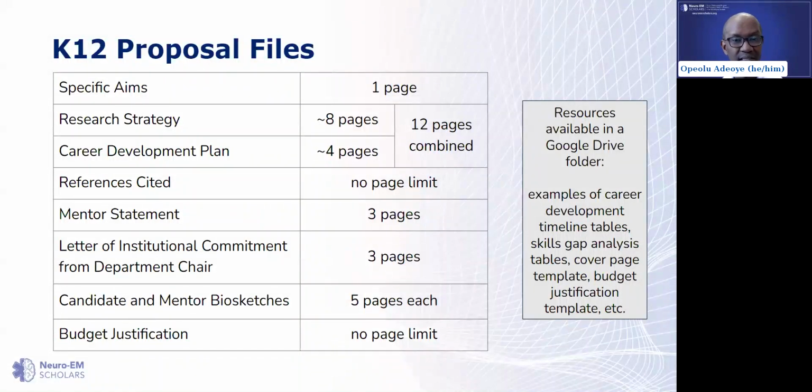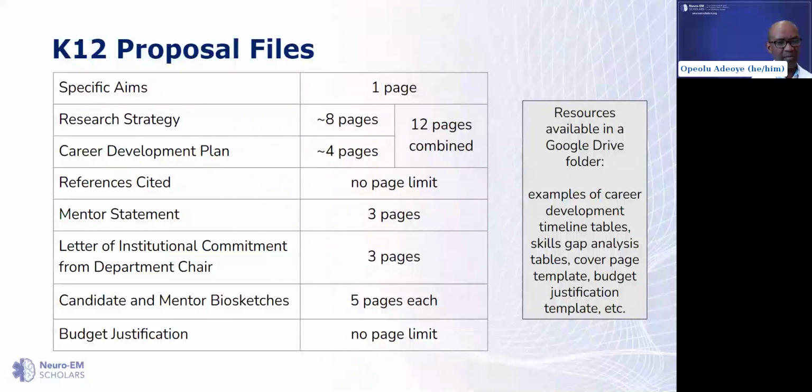Approximately 8 pages is expected to be the research strategy, or the science portion of your application, and approximately 4 pages is expected to be your career development plan, which is obviously the main focus of the K12 with good science. Your science has to be good, but the main focus is actually career development. And there's no page limit on the references.